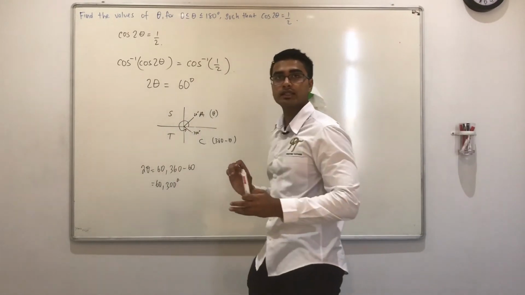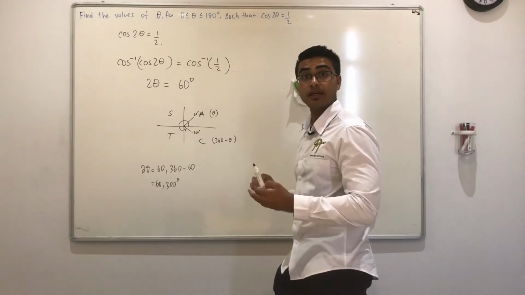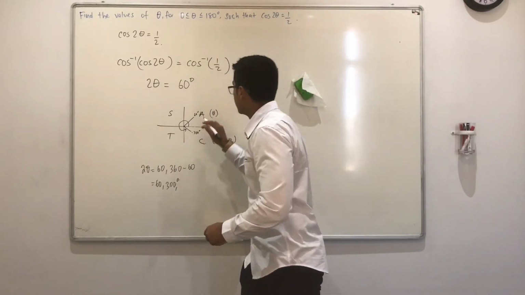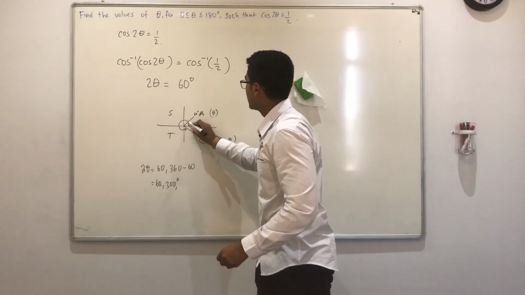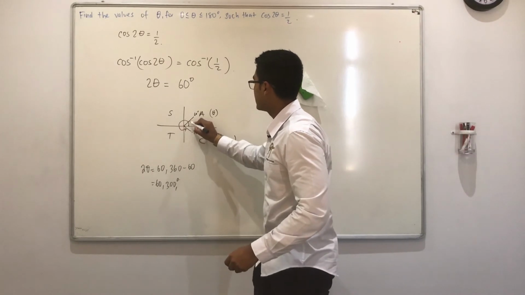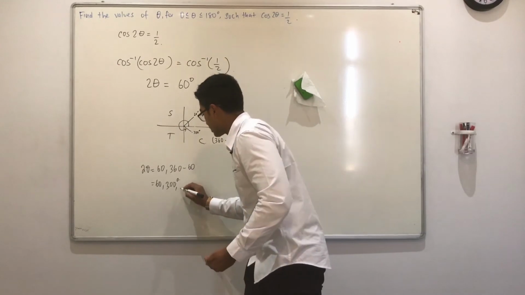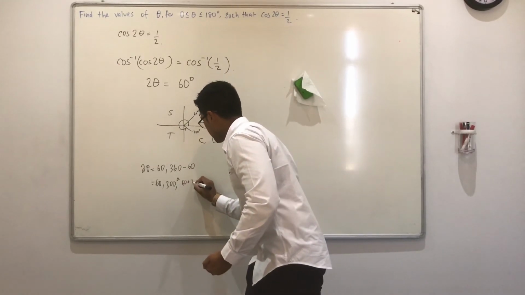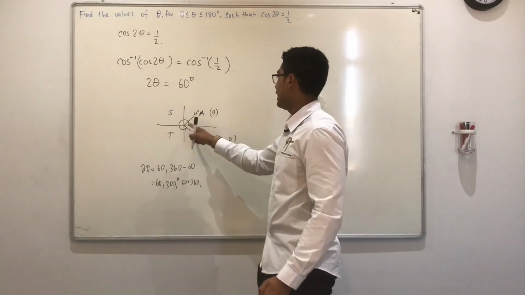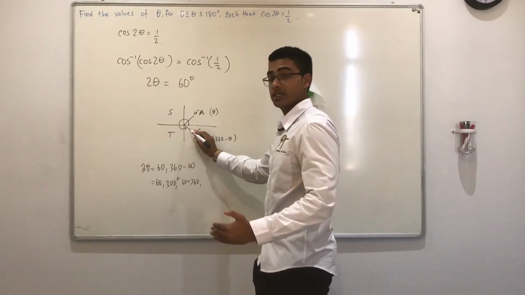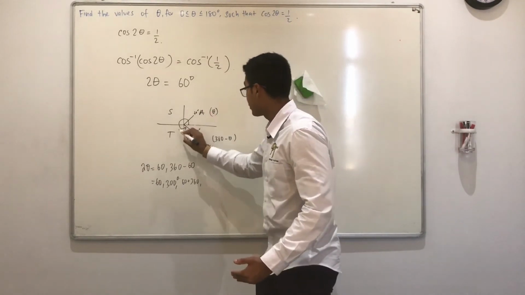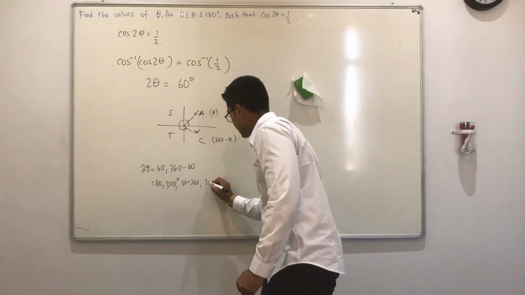So essentially we're adding 360 to the angle again. If we start here and we have 60, we add 360 to that, we're at the same position, but it's the second rotation. So we're going 60 plus 360. And same deal with this one, it's the identical angle, but we're going around the second rotation. So we have to plus 360 again.